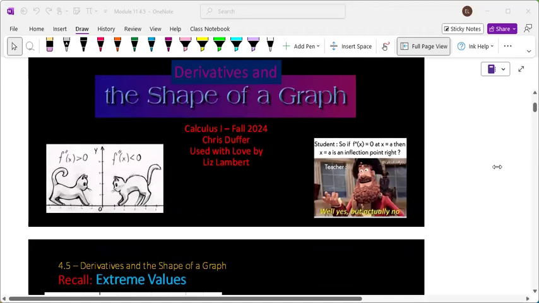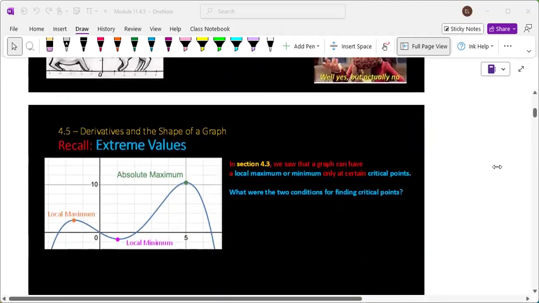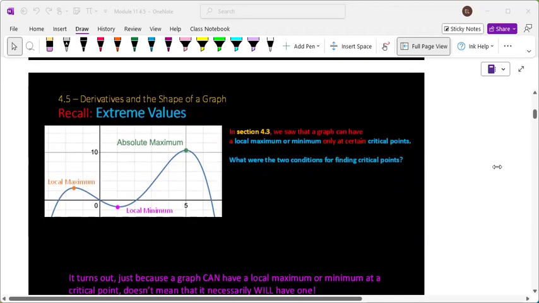So today we are looking at the shape of a graph. In section 4.3, we saw a graph can have a local max or a local minimum at certain critical points.